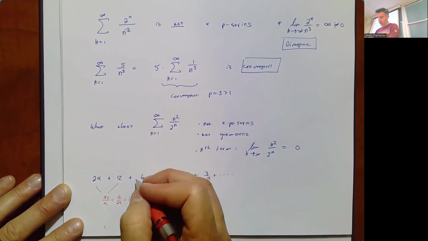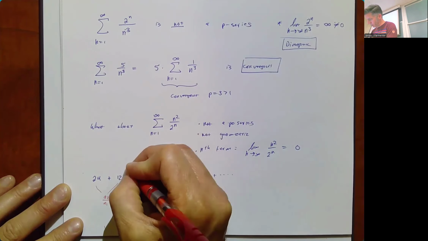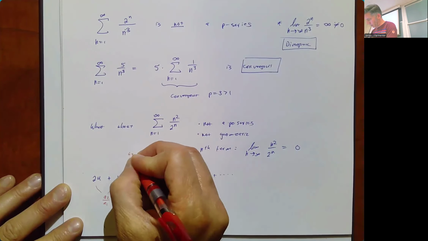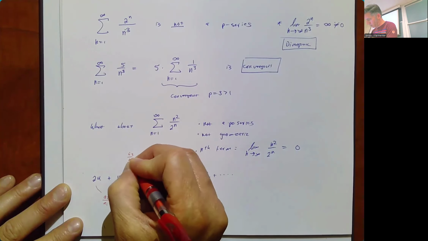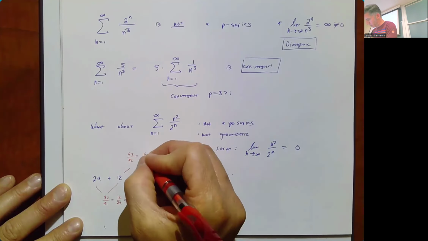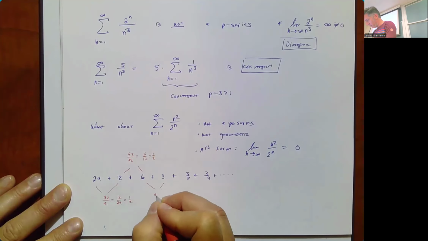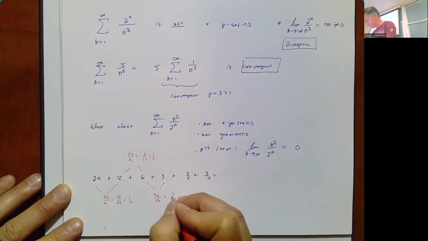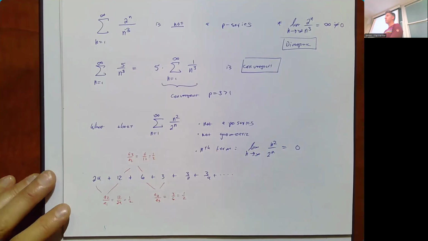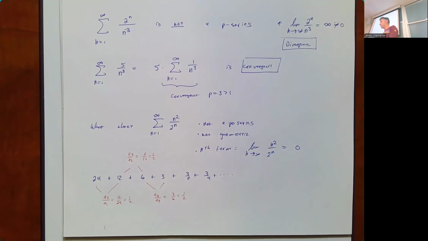The same thing is true here: 6 divided by 12, or a3 divided by a2, is also 1/2. a4 divided by a3 is 3 over 6, which is 1/2. We don't really need to keep doing it, but every time we did it, we'd get 1/2.